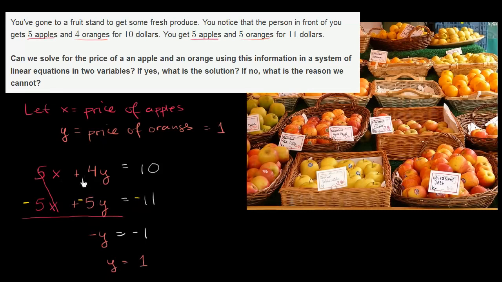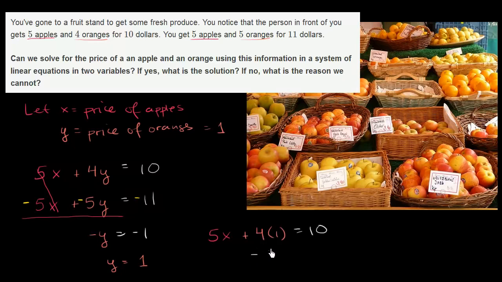We can go back into either one of these equations. I'll go back into this first one. So let's go to the person in line in front of us. They bought 5 apples at X dollars per apple, plus 4 oranges at $1 per orange, and they spent a total of $10. So this, of course, is just 4.